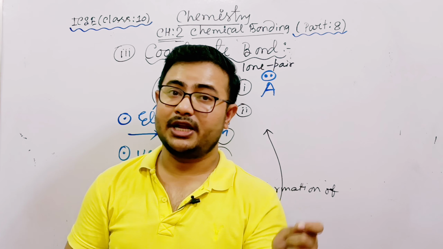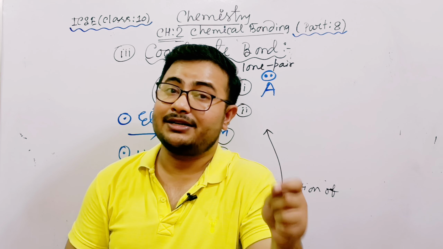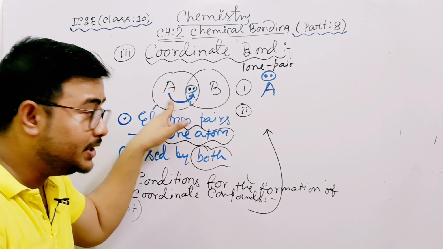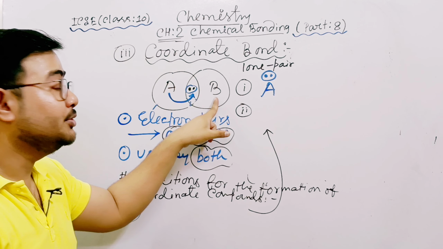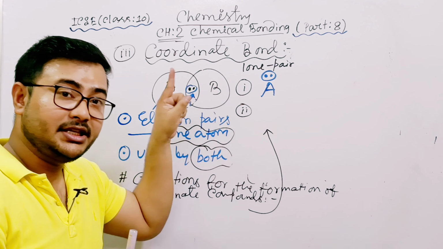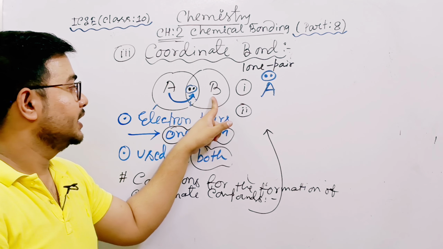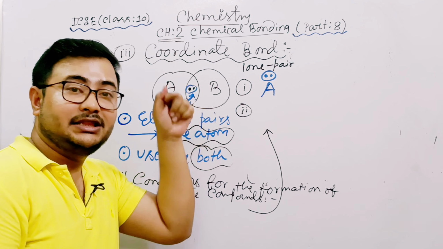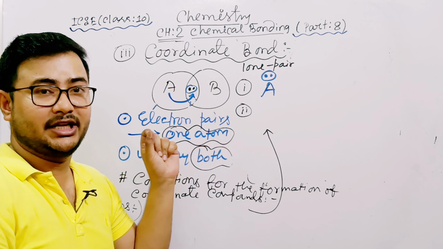If this pencil is required, then the student will accept it. So if A tries to donate something, B will accept it only if B has the requirement of this electron.